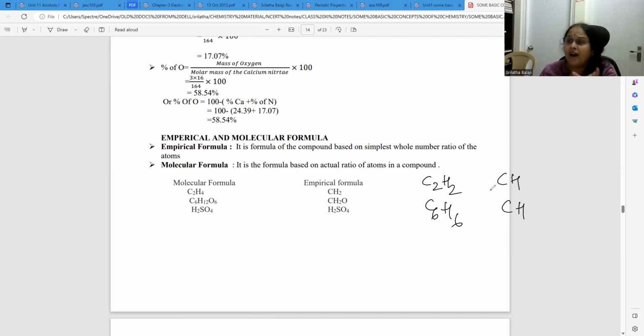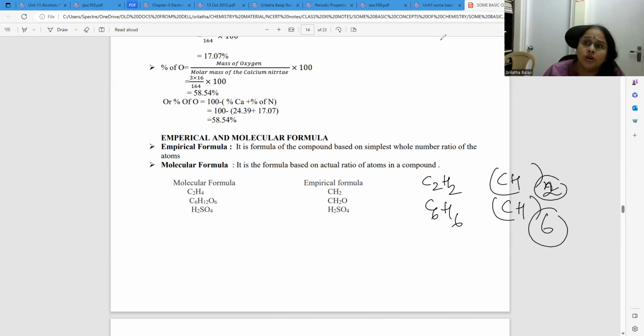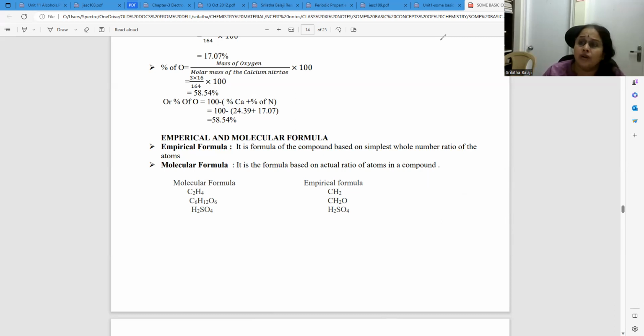I can write C2H2 as CH 2 times, and this is CH 6 times. So this factor 2 and factor 6 decides the formula of the compound, even though the empirical formula is the same. Is that clear? So let's see how to do the empirical formula and molecular formula calculation given the percentage composition.